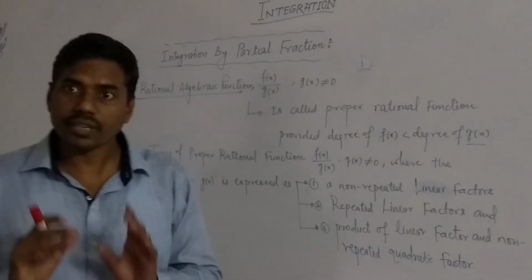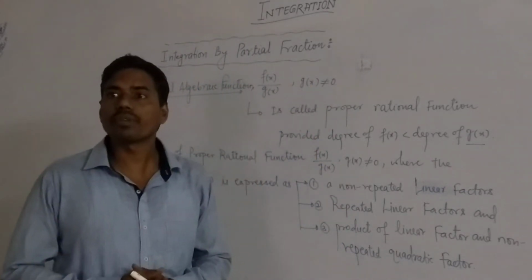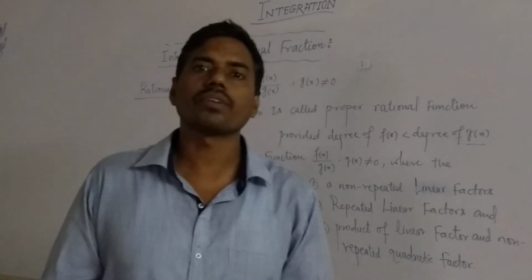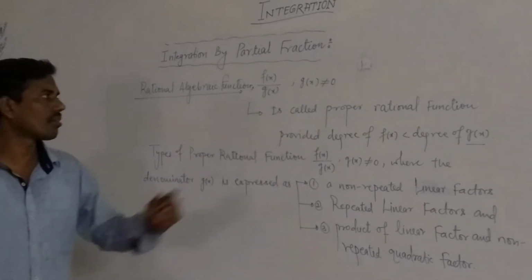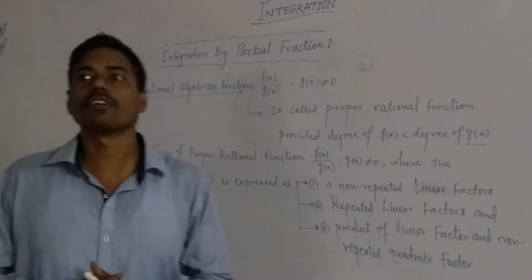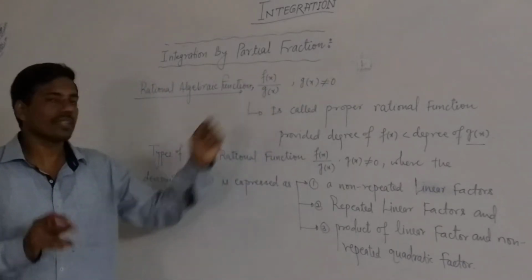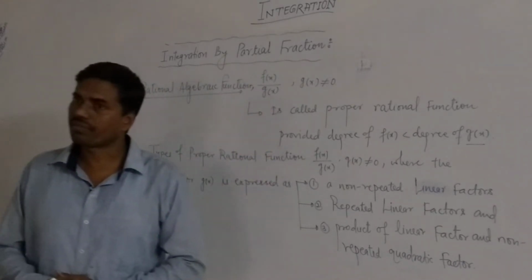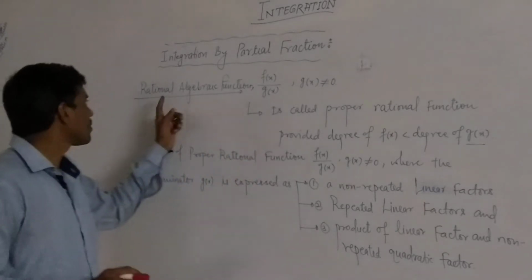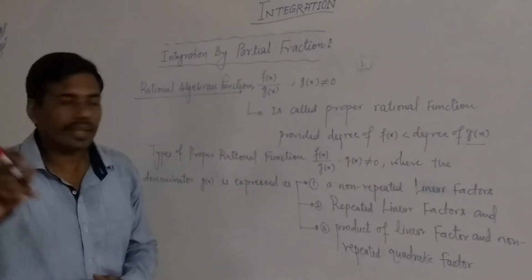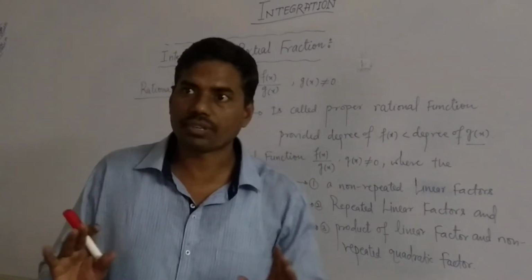If the degree of f of x, that is the degree of the function in the numerator, is less than the degree of the function in the denominator, that is g of x, then this rational algebraic function is known as a proper rational function.